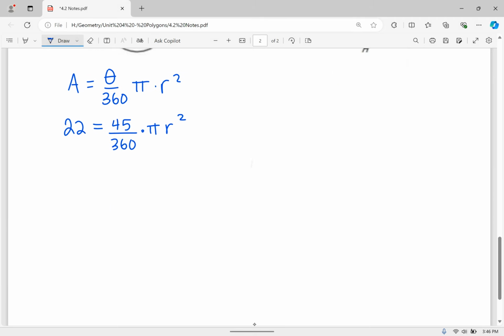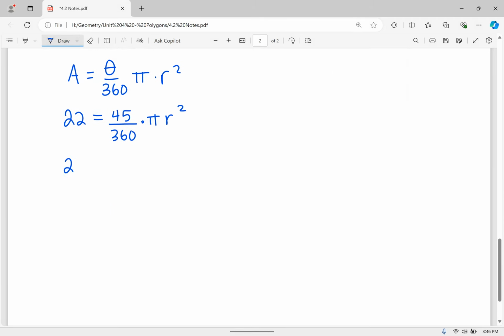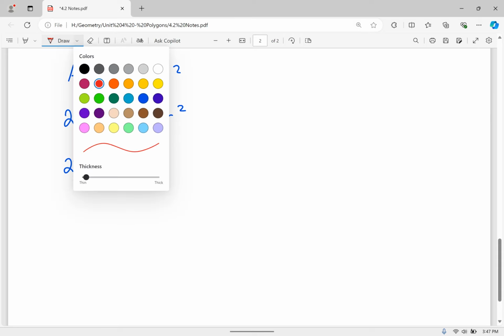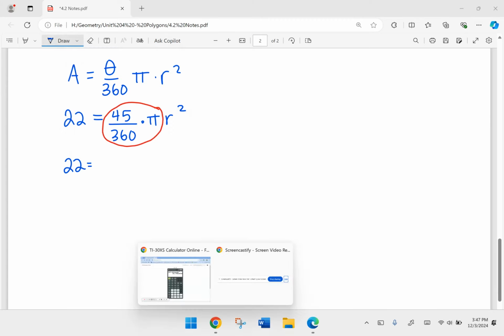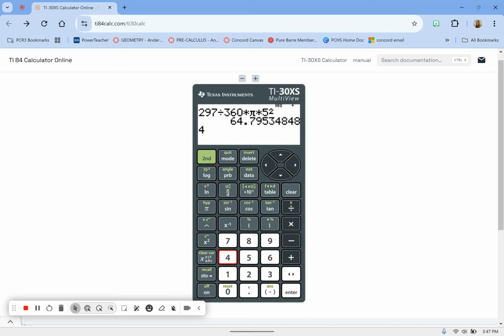Now this is where your math work will come in. What you're going to want to do is calculate this portion together. My recommendation is that you round the same way, at least to where you're working with 1 decimal place. So we'll come back over here and we'll just go 45 divided by 360 times pi.